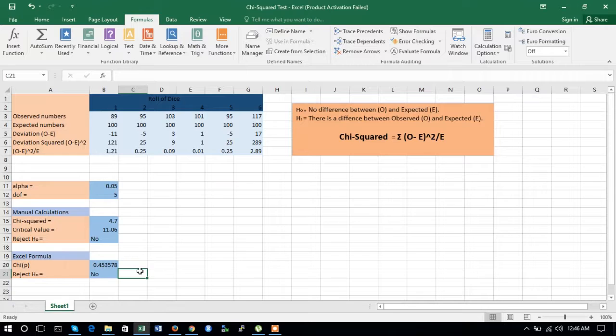So in this case we have conducted a chi-square test, and we cannot reject the null hypothesis. I hope this was clear, and thank you.